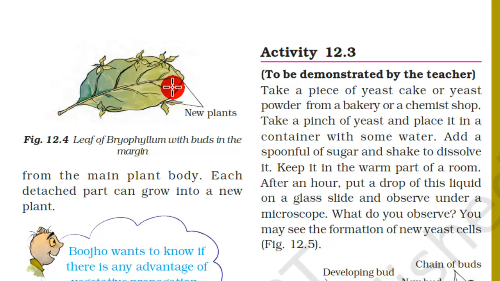Roots of some plants can also give rise to new plants, for example, sweet potato and dahlia. Plants such as cacti produce new plants when their parts get detached from the main plant body. Each detached part can grow into a new plant.